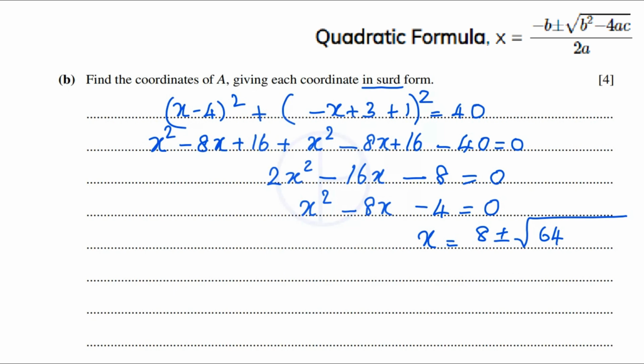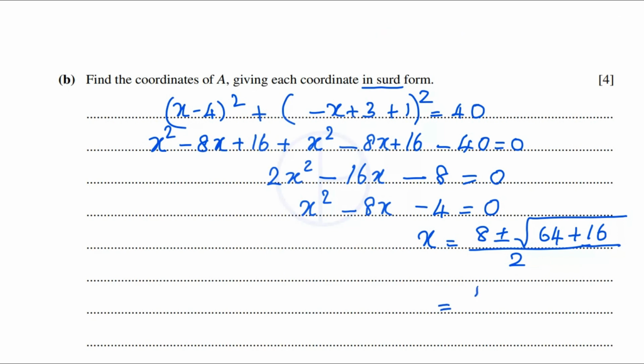So 4 multiplied by 4 is 16, and minus multiplied by minus will become plus, so plus 16, divided by 2A. A is 1. So 8 plus or minus the square root of 64 plus 16, which is 80, divided by 2.